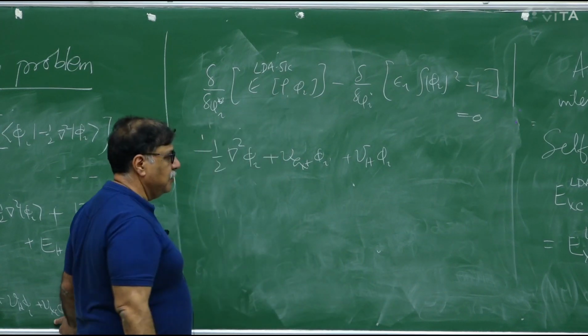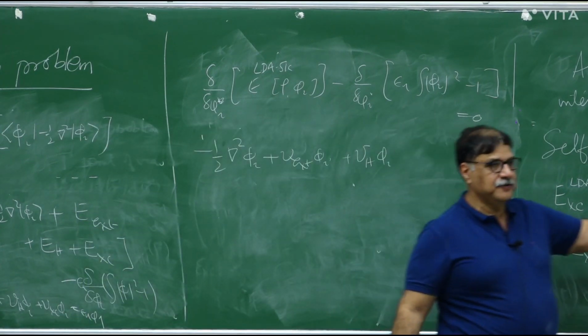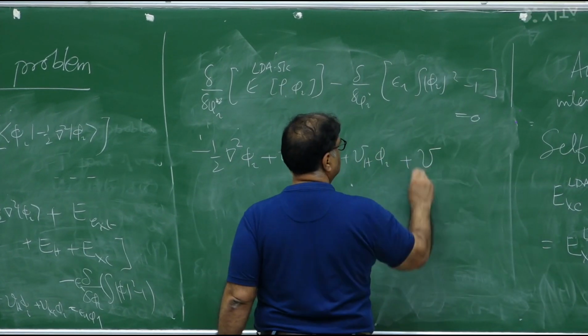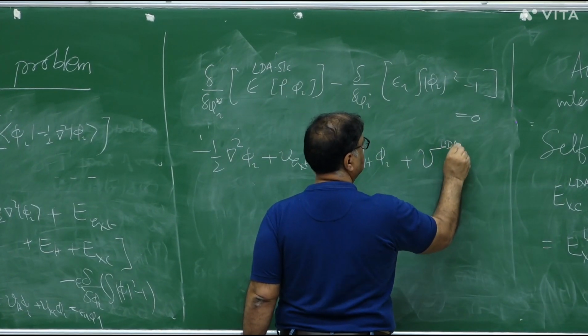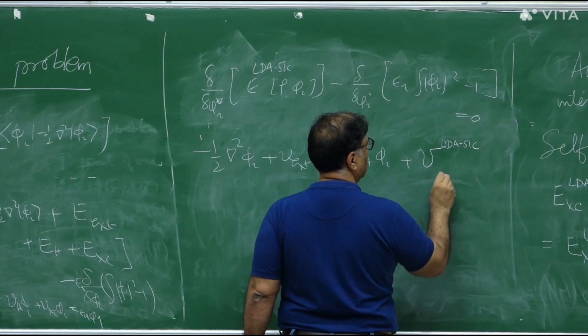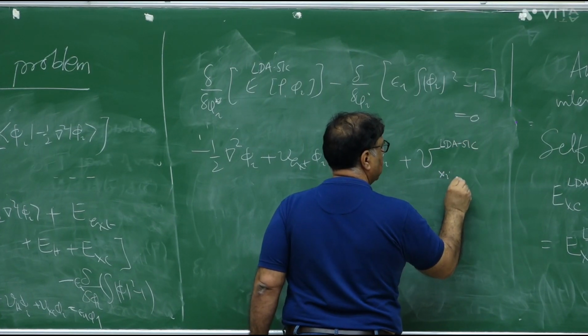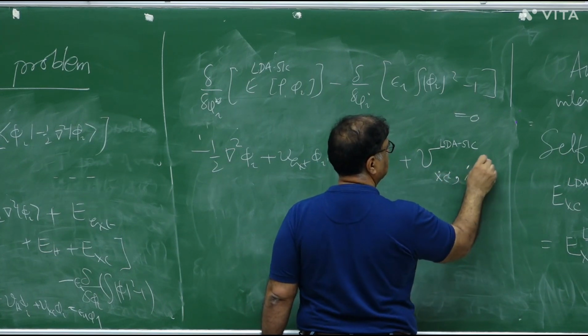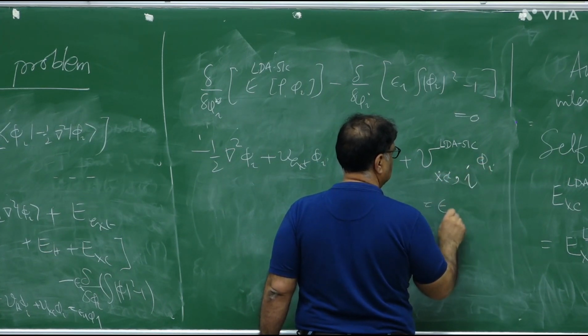And the last term, because this has an explicit phi_i dependence, I'm going to get a potential V LDA-SIC, which is going to be i dependent, phi_i equals epsilon phi_i.